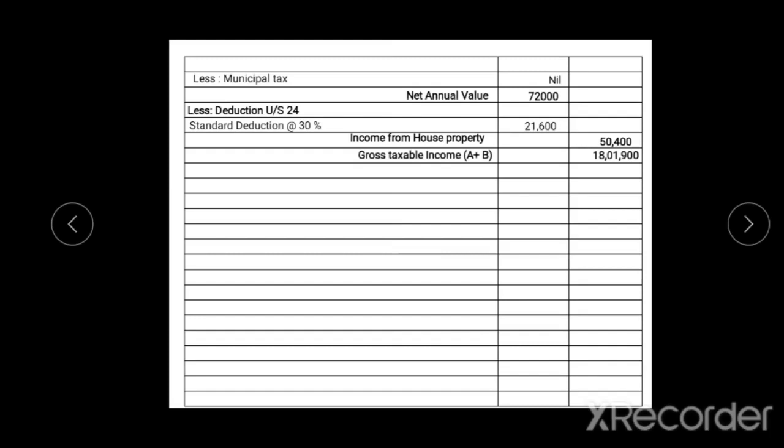We have to reduce the deductions under chapter 6A, and I already explained while explaining the format. What are the different deductions? 80C, 80CCC, 80D, 80DD, 80E and 80U, and 80TTA also. These are all the deductions.